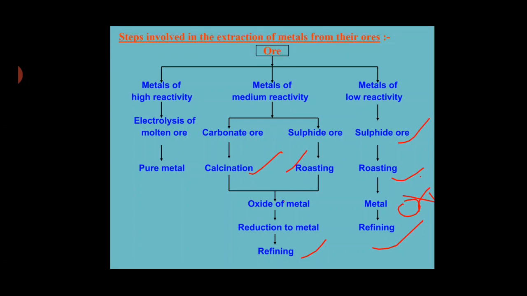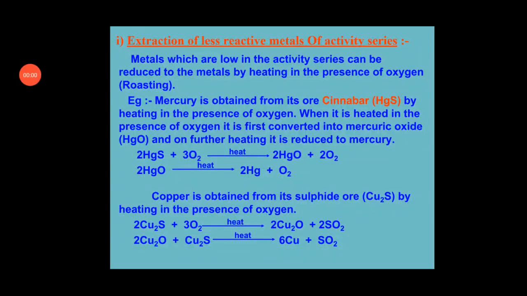So basically, let's see how the processes are involved in the extraction of highly reactive metals with the help of some examples. As we know, metals are divided into three categories: highly reactive metals, least reactive metals, and mild reactive metals. The upper part of the reactivity series is occupied by the highly reactive metals.